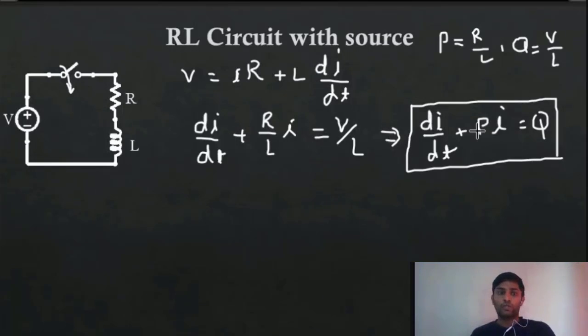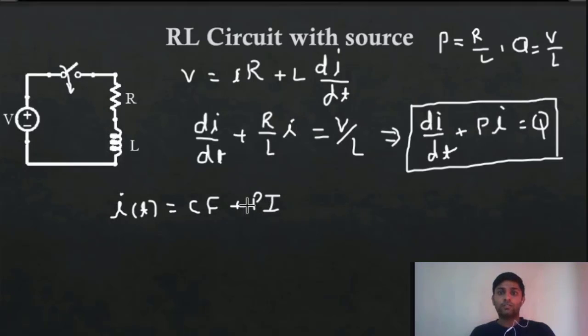Now this is our standard equation, and I hope that you all know the final solution of this equation. This is a non-homogeneous differential equation, and now I'm writing just the result. The result is that I at any time t will be given by CF plus PI, the complementary function and the particular integral.